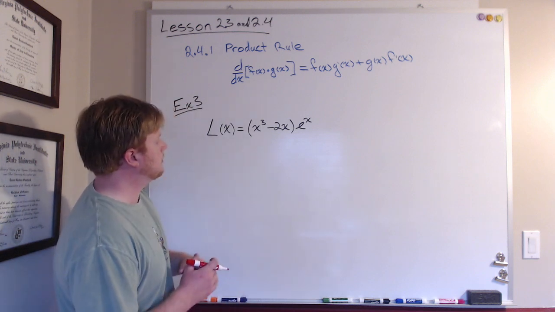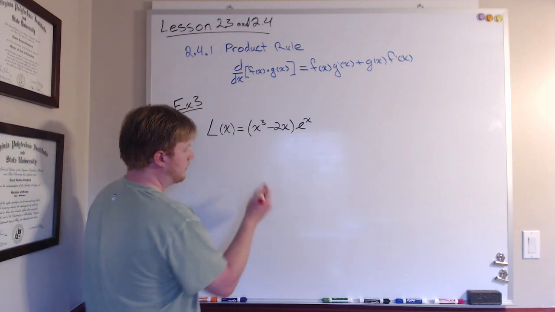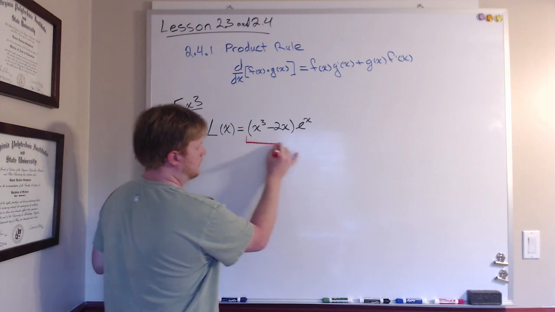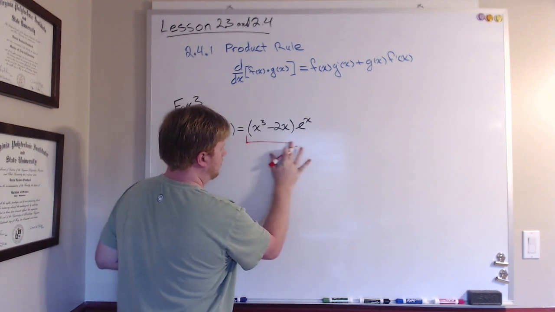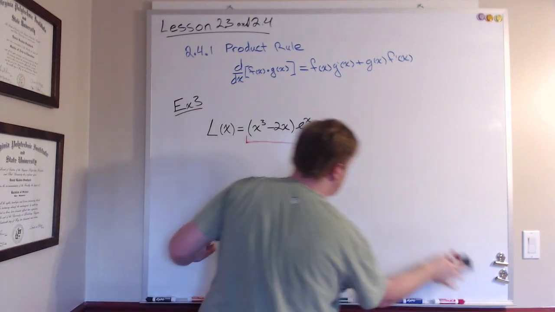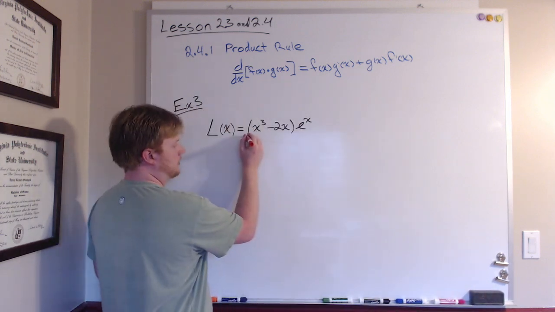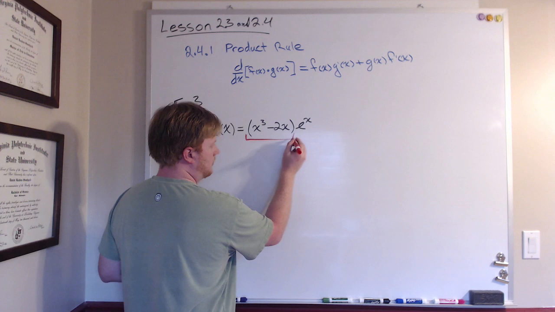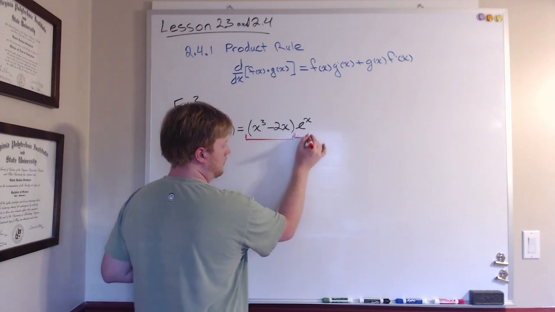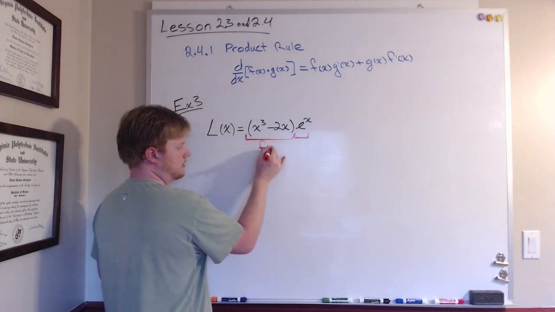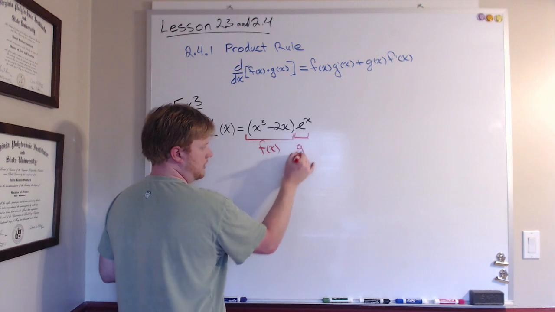So let's look at an example here. For this, I'm going to actually show what the first and the second are. I typically won't do this. This is my first, and this is my second.